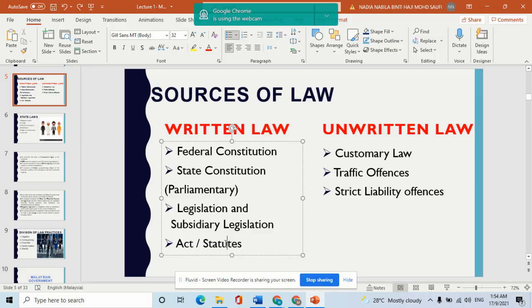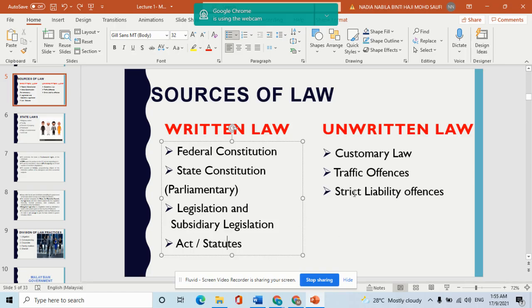Strict liability offenses here means that in a given situation, if something happens, what can be done to resolve these offenses. As an example, strict liability.